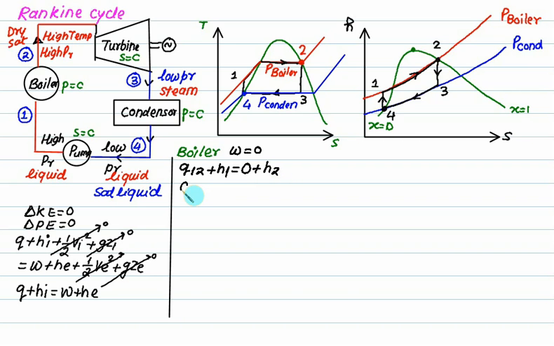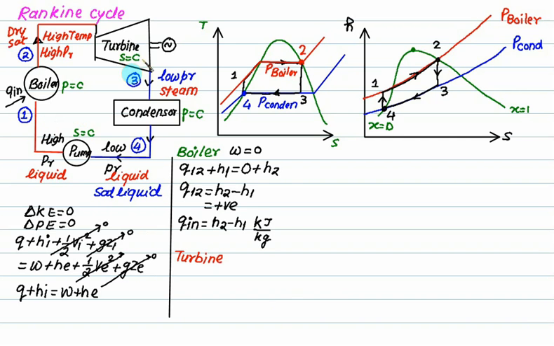So Q12 equals H2 minus H1. H2 is the enthalpy of steam and H1 is the enthalpy of water. So this quantity is always positive. It indicates that heat is supplied. So the heat supplied is just the difference of higher minus lower enthalpy.